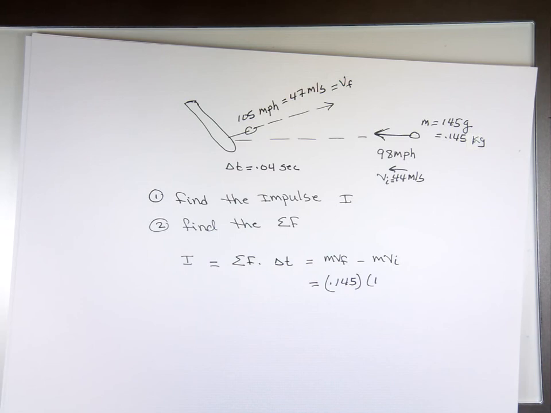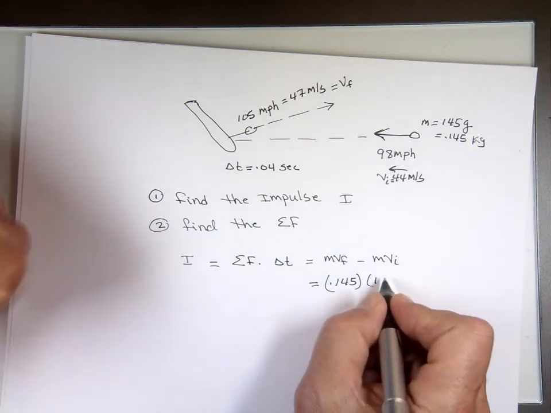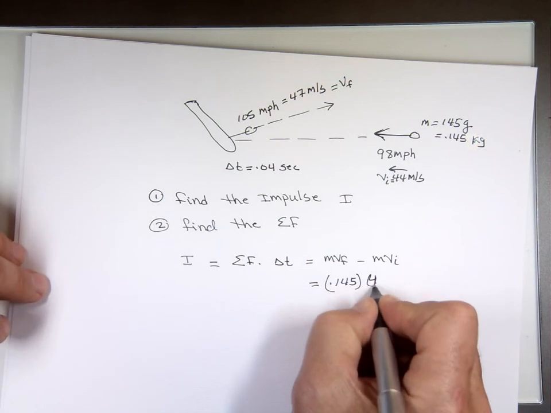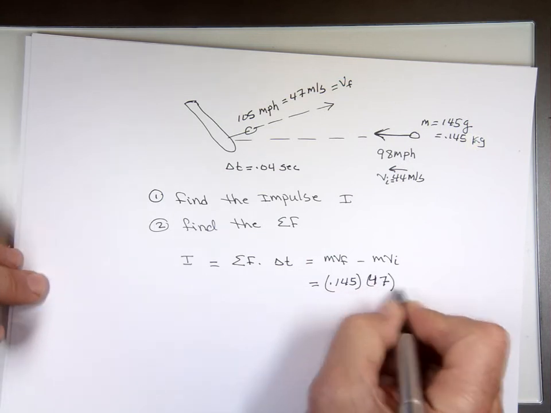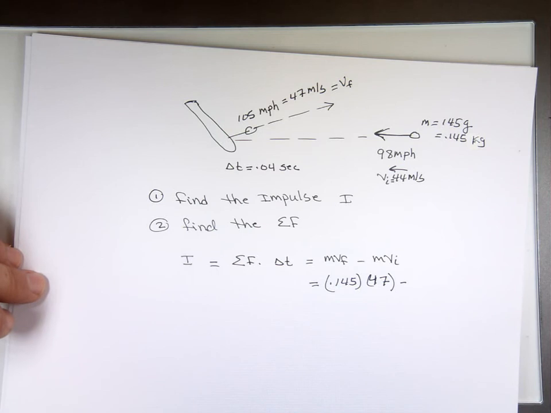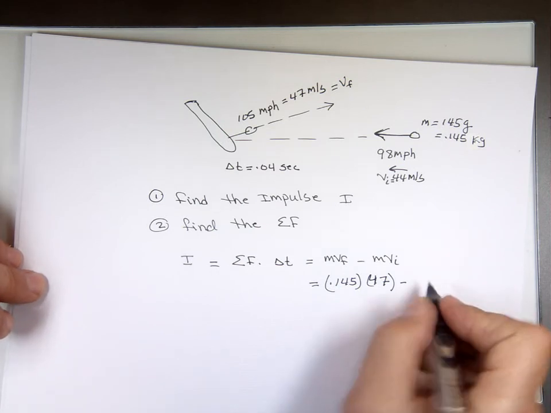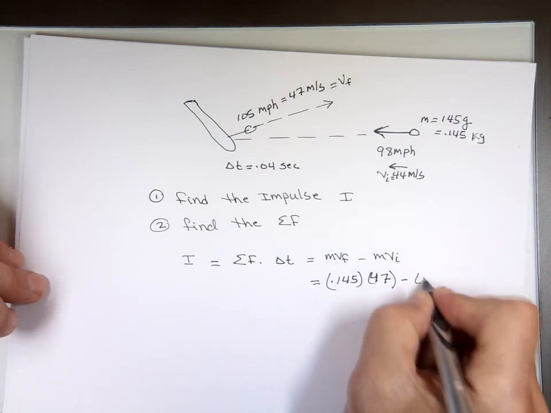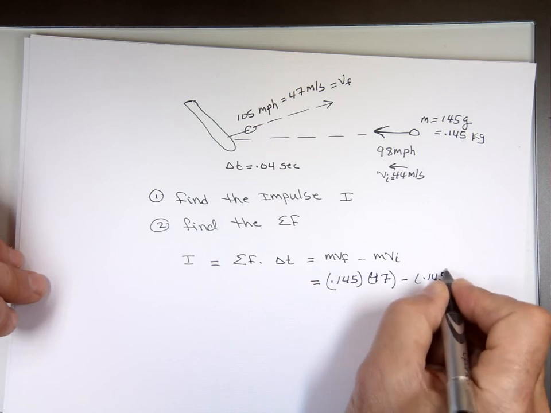So I know the initial velocity and the final velocity. The final velocity is 47, minus the mass, which is 0.145, times the initial velocity. What was the initial velocity?